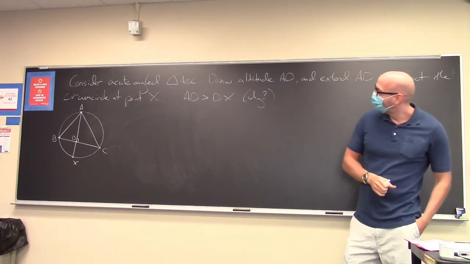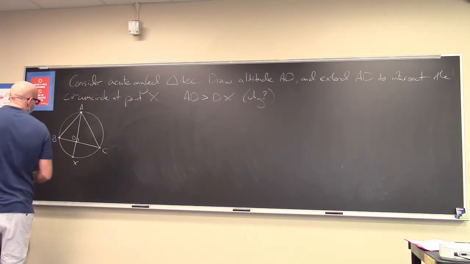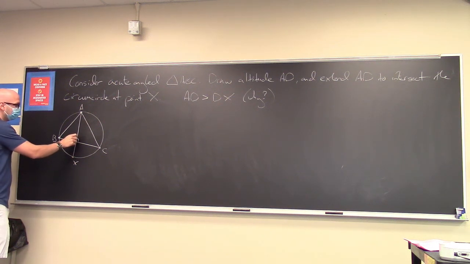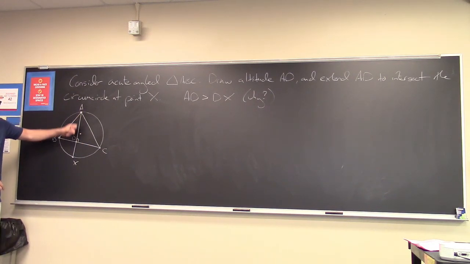Since angle A is acute, the arc BXC is smaller than the arc BAC, so it's like further along the circle. Yeah, exactly. It needs some formalization. Even what I'm going to tell you right now needs some formalization. But remember from last time, because angle A is acute, that means that this side, BC, lives on the opposite side of the circumcenter as A does, right? So because BC is on the opposite side of the center, it's not too hard to convince yourself that D must be closer to X than A.